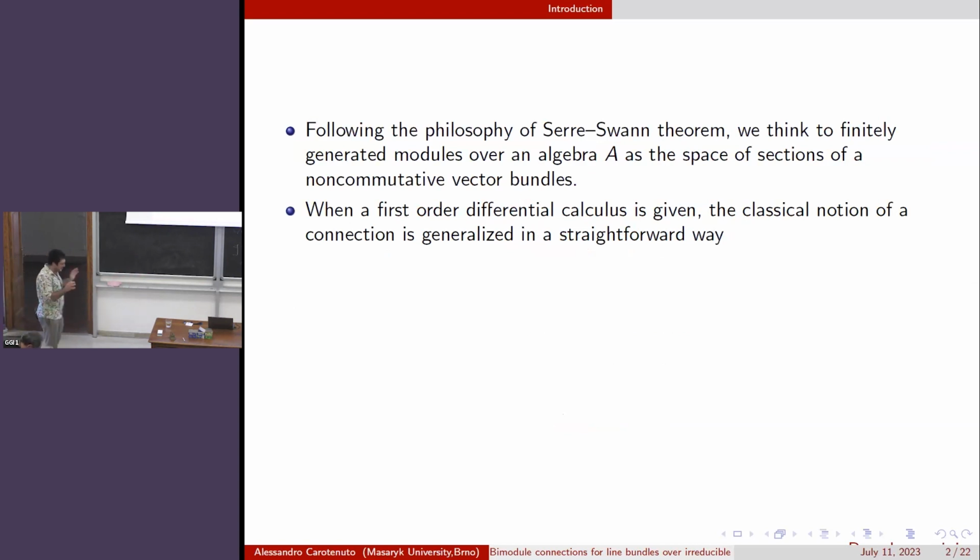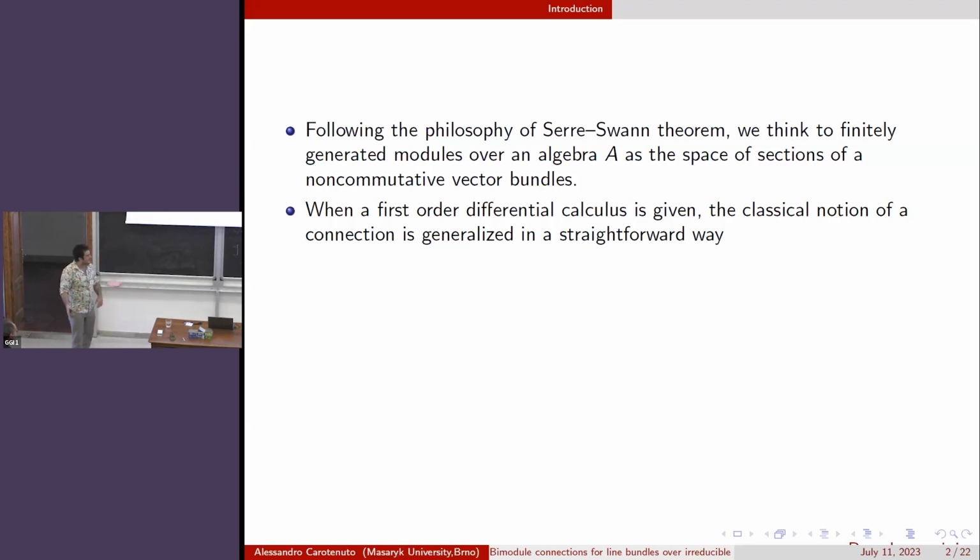connections. And let's start from something very non-controversial, that is in non-commutative geometry, where we think, thanks to Serre-Swan theorem, of finitely generated projective modules over our given algebra A as the space of sections of some non-commutative quantum vector bundle.